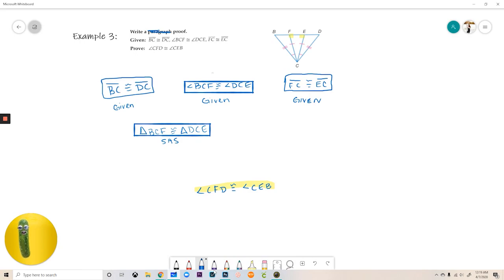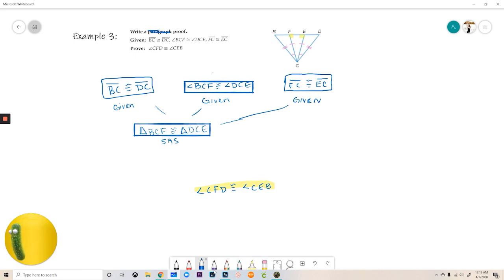So all of these pieces came together to show us that those two triangles are congruent. However, we're looking for CFD and CEB, which aren't in those triangles.